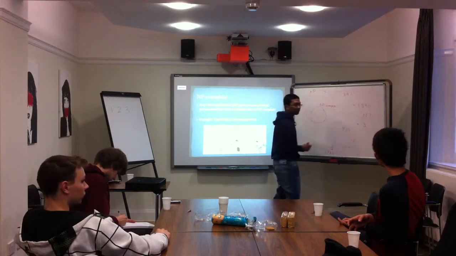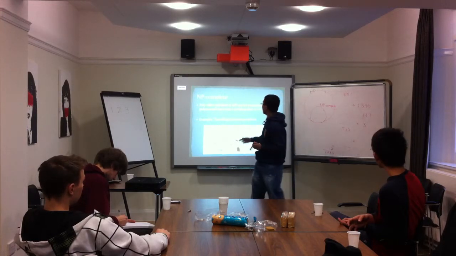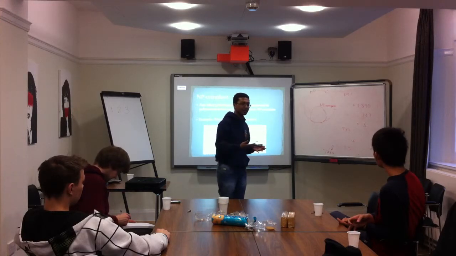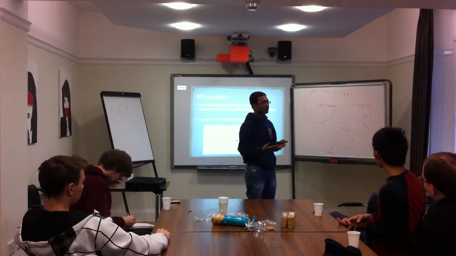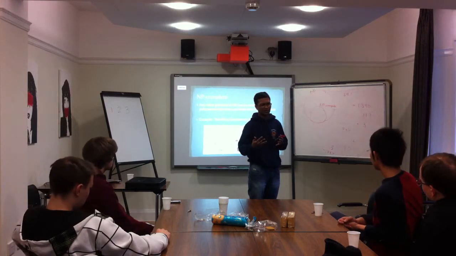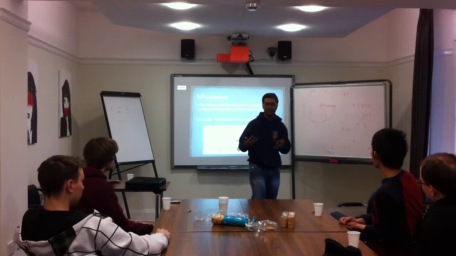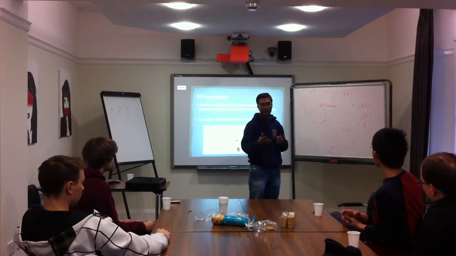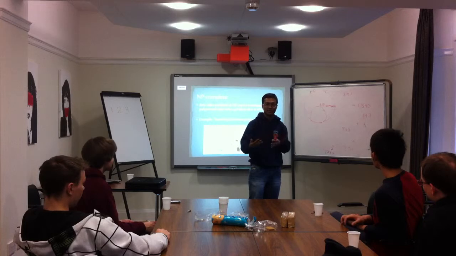And what does NP complete actually mean? Essentially you have a problem that is NP, but it is particularly hard to find a solution to it. But any other problem in NP can be changed in polynomial time to that problem.